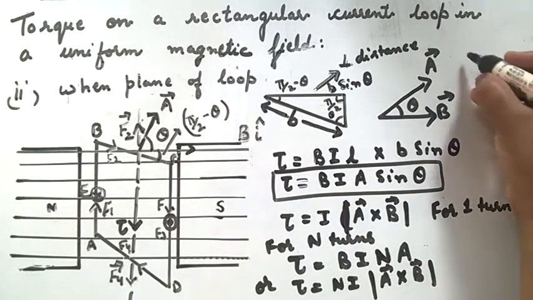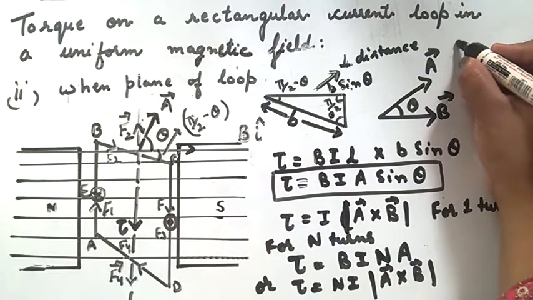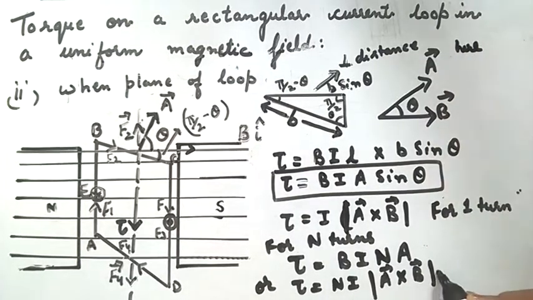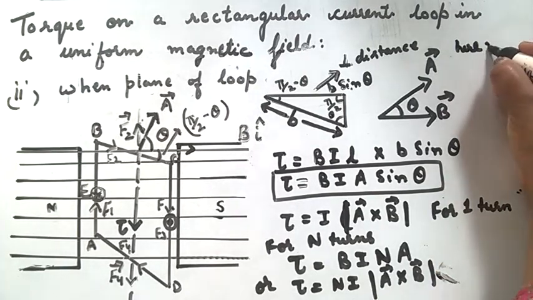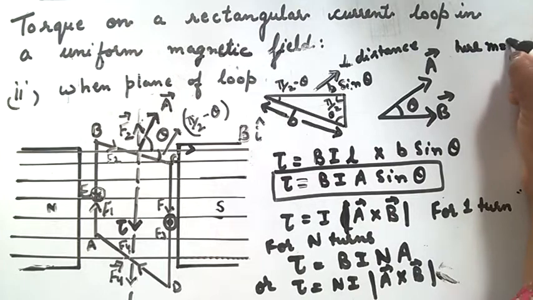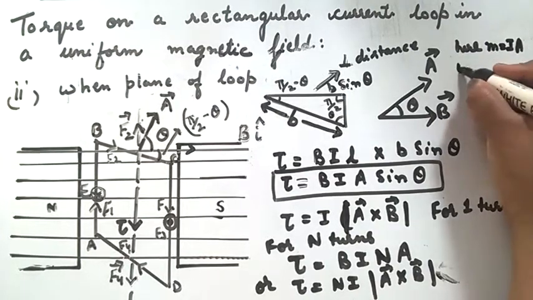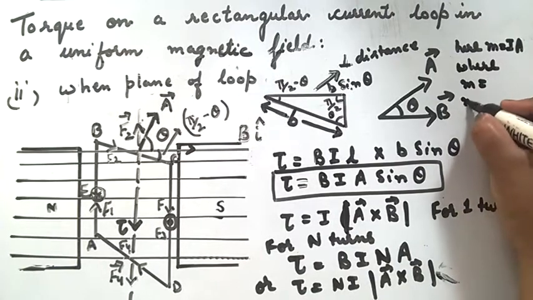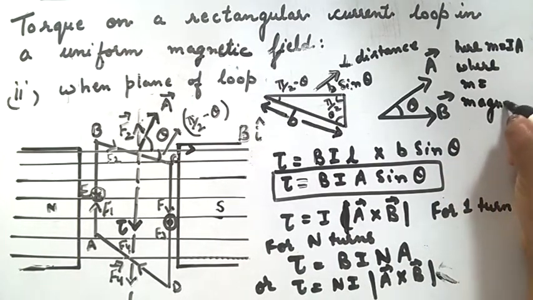From this equation, M is equal to IA, where M is magnetic dipole moment of a coil.